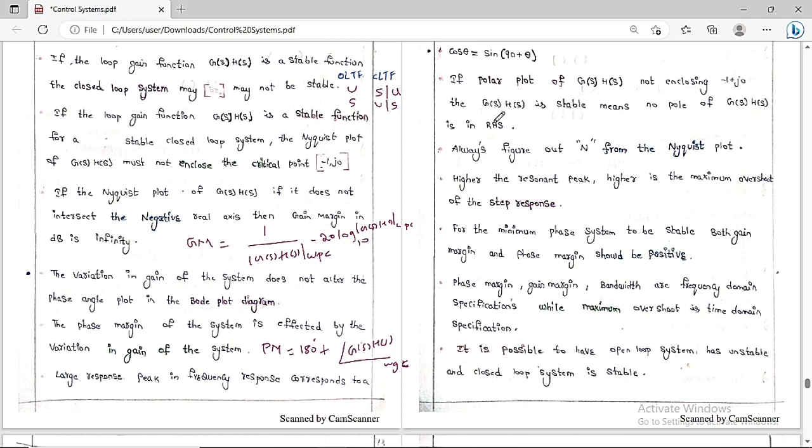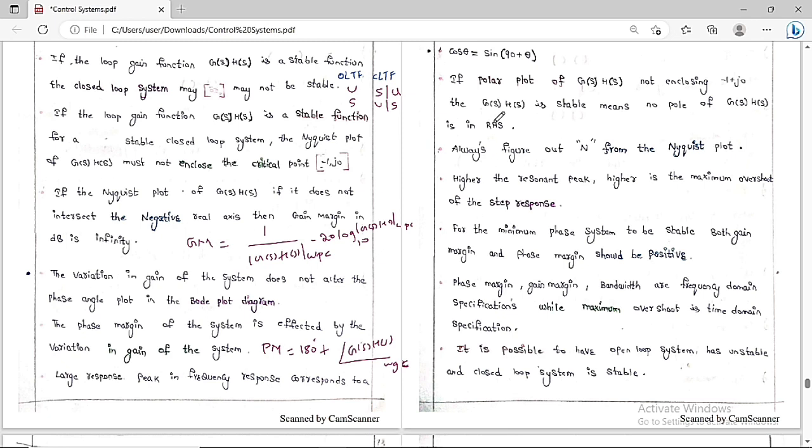This one always you have to keep in your mind. So whenever you draw the polar plot of the open loop transfer function and it does not enclose the -1 plus j0, then the open loop transfer function is said to be stable. So no pole of G(s)H(s) is going to lie in the RHS of s plane.